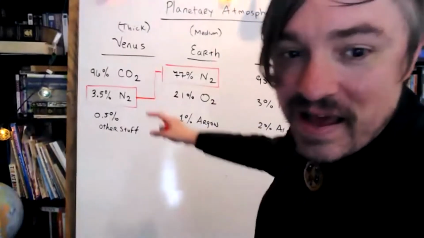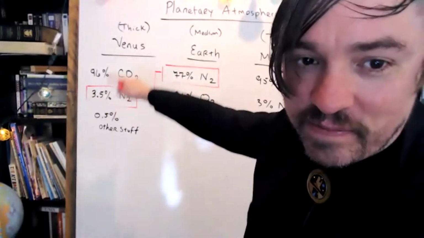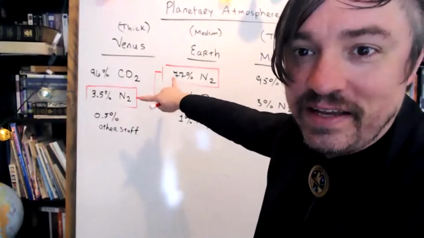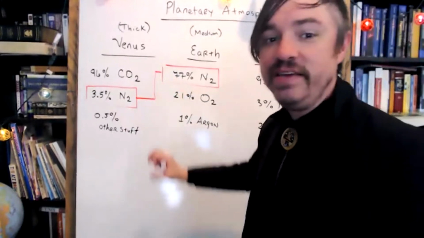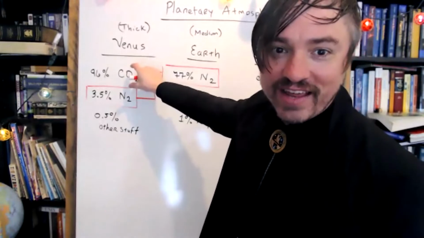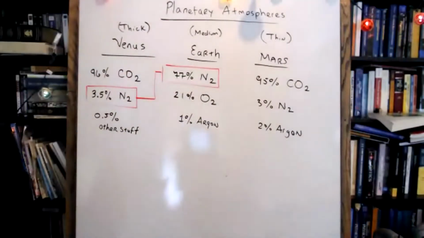Isn't that insane? These two quantities of gas look different because they're percentages of different atmospheres, but they are identical in volume. So basically, Venus has Earth's atmosphere there, and all of that is dumped on top of it. That's how much thicker Venus' atmosphere is.